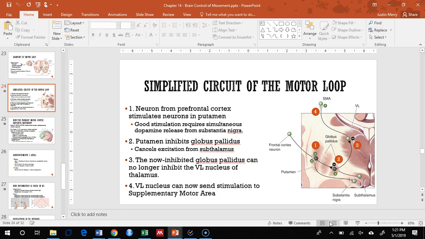And then the other thing that we just talked about at the very end of last class that's related to this is those neuroleptic drugs for schizophrenia inhibit dopamine 2 receptors, and that's the kind of receptor found right here too. So if you give somebody neuroleptic drugs, it's kind of like inducing Parkinson's in a way.